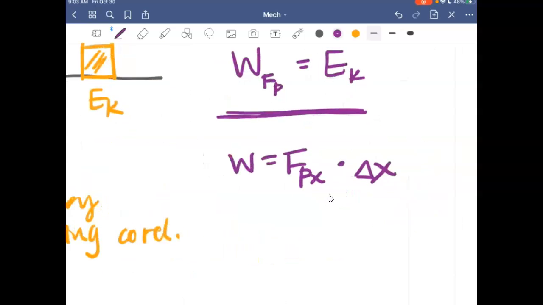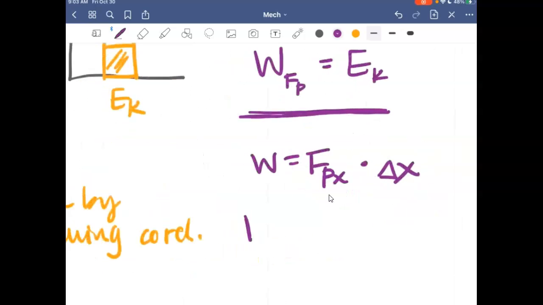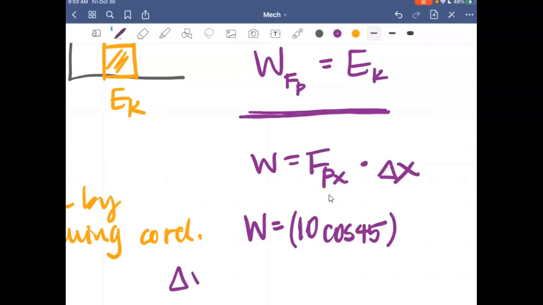And so we can determine the force pull. It was 10 times cosine of 45. Now what is the delta x? Earlier we found the acceleration, and we know the initial velocity is 0, so we should be able to find our change in position as 1/2 a t squared.